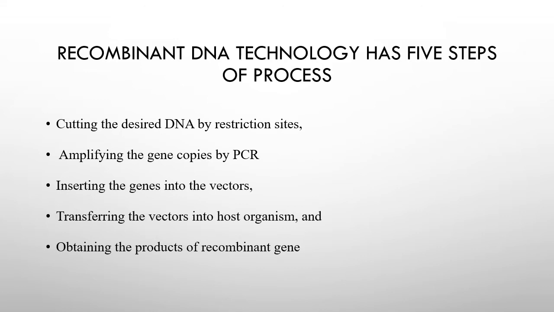What does recombinant gene mean? It means two genes attached to each other, or two genetic materials attached in a single gene. That's why it is called a recombinant gene.